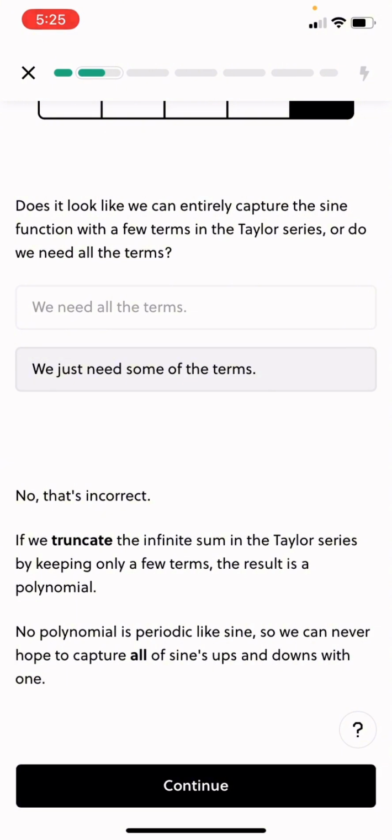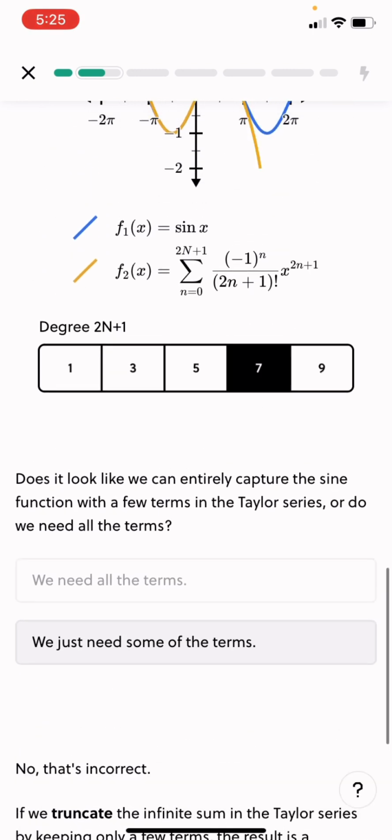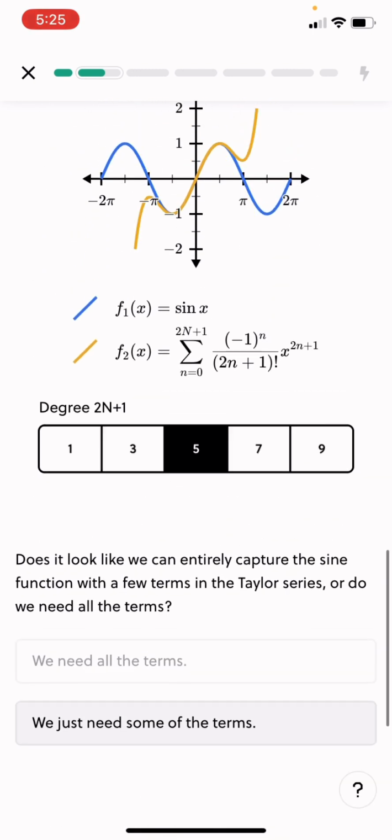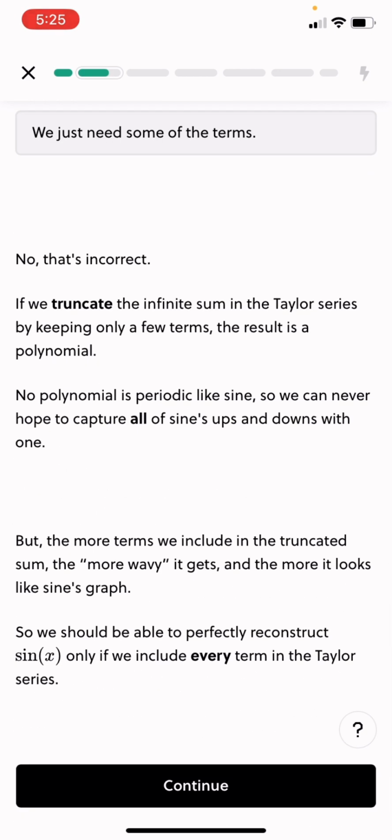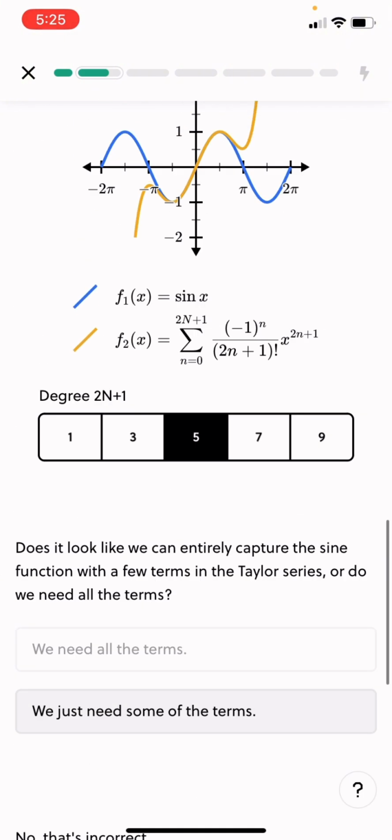No polynomial is periodic, like sine, so we can never hope to capture all the sine's ups and downs with one. So it's probably best to have every single one, so you can get the most accurate answer. But the more terms we include in the truncated sum, the wavier it gets, and the more it looks like sine's graph. So we should be able to perfectly reconstruct sin x only if we include every term in the Taylor series.